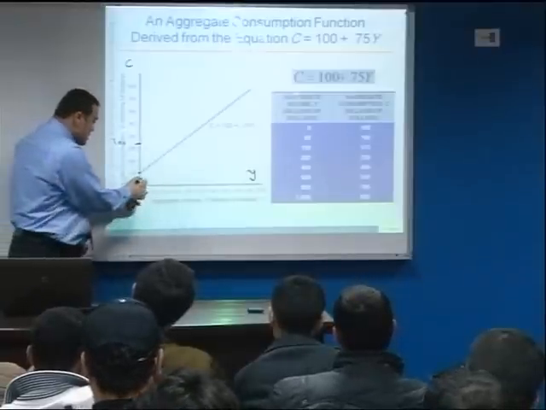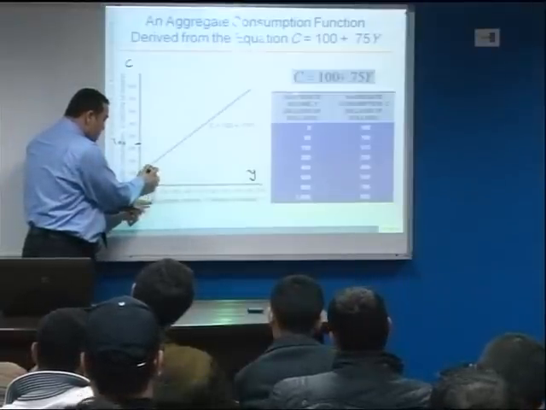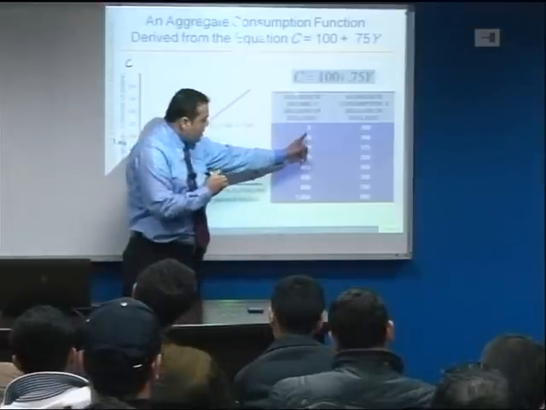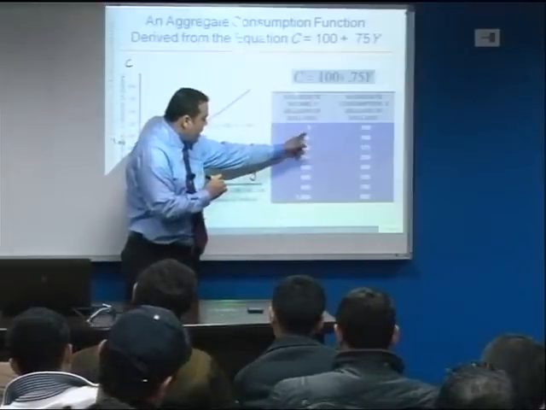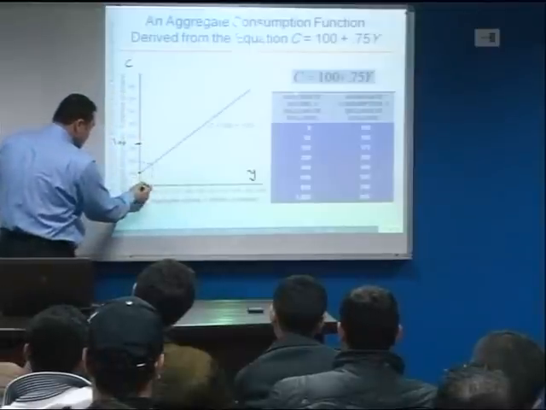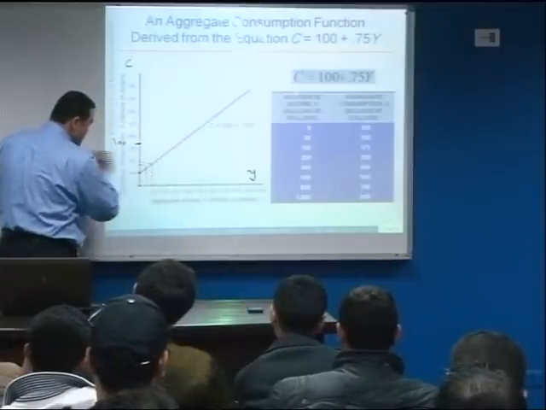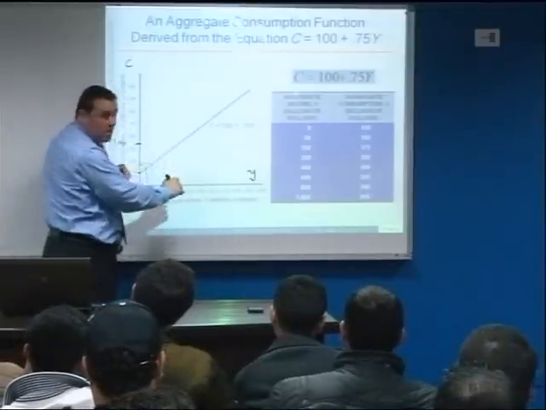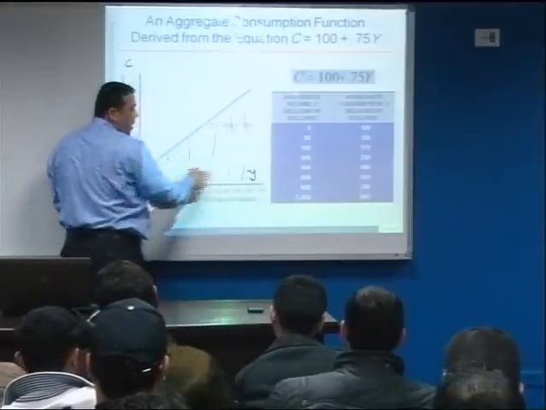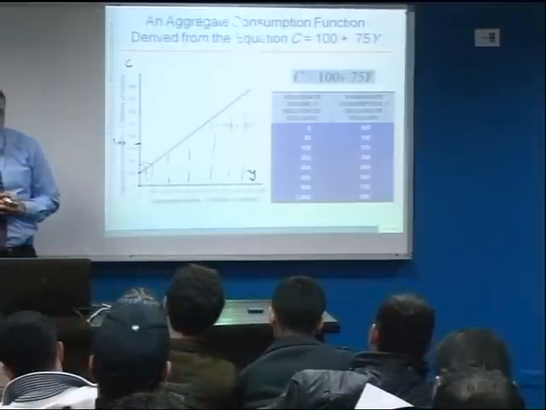And then with the increase of Y to 80, how much is the aggregate consumption? 160. So as you see, we have a direct relationship between Y and C, right?